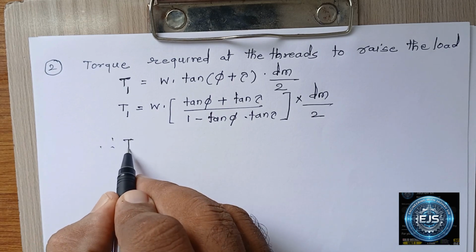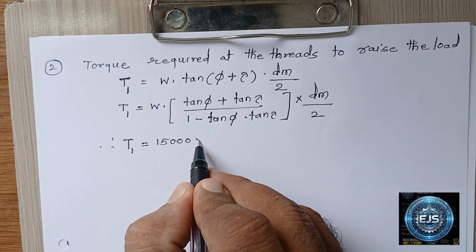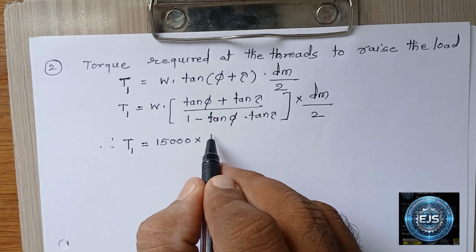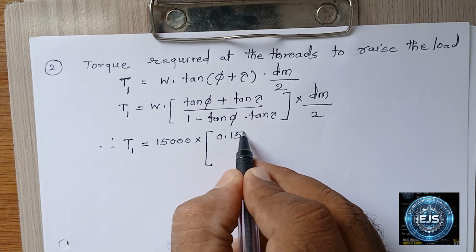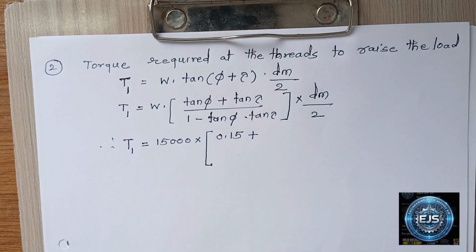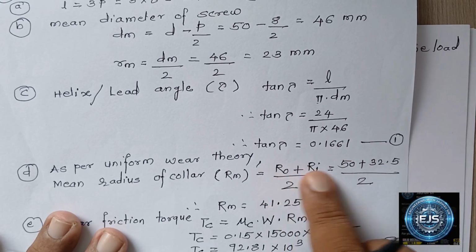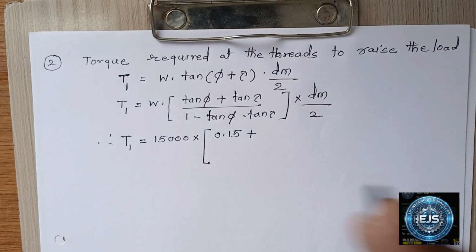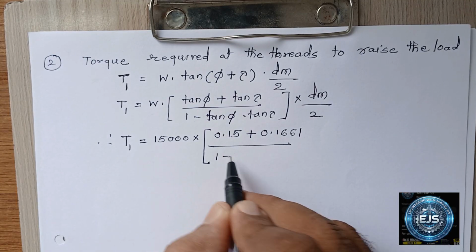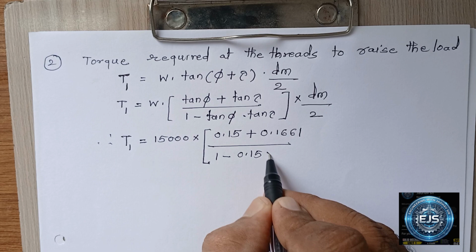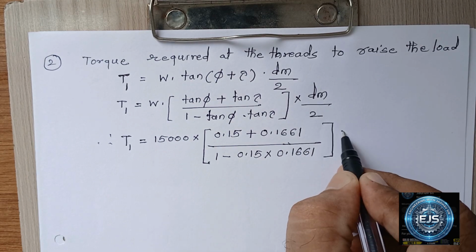So this torque T1 is equal to W, 15,000 Newton, multiplied by tan of phi, which is mu equal to 0.15, plus tan of lambda. The value of tan of lambda we calculated earlier is 0.1661, divided by 1 minus 0.15 multiplied by 0.1661, and this whole multiplied by dm by 2.